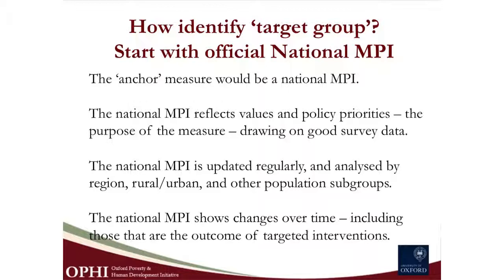And so it has to be accurate for the national MPI if you're going to use it to structure another measure. And so you may need qualitative work, you may need other kinds of triangulation to verify that the identification of the national MPI is accurate and there are not poor groups that are excluded, type 1, type 2 errors in the national MPI itself. But right now we're taking that as given, and so we're going to use it as what I call an anchor measure. That is the measure that most accurately identifies who is poor.